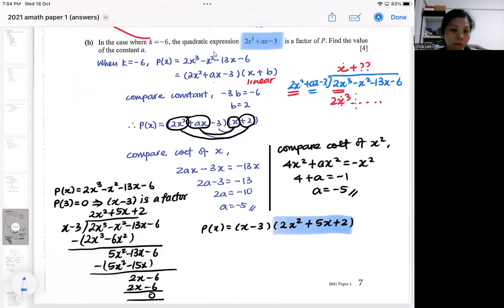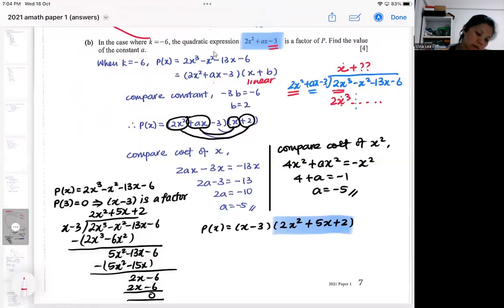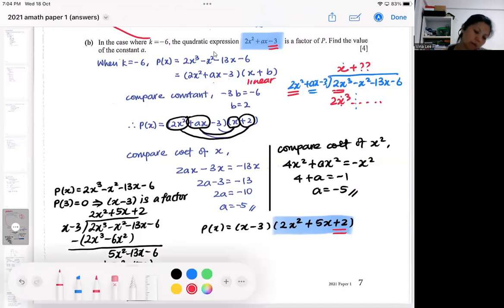Her thinking is actually correct, but in this case we cannot compare, for the pure reason that the coefficient doesn't match. This is a minus 3. The constant doesn't match. So we cannot compare here.